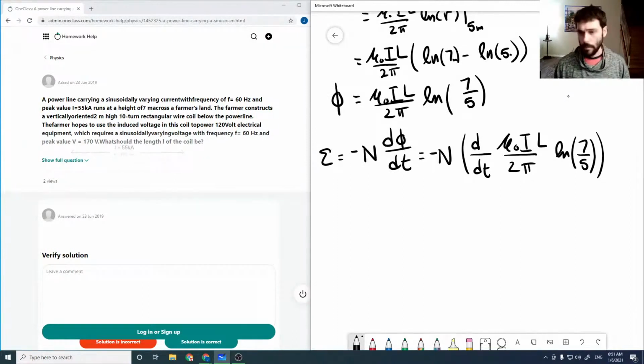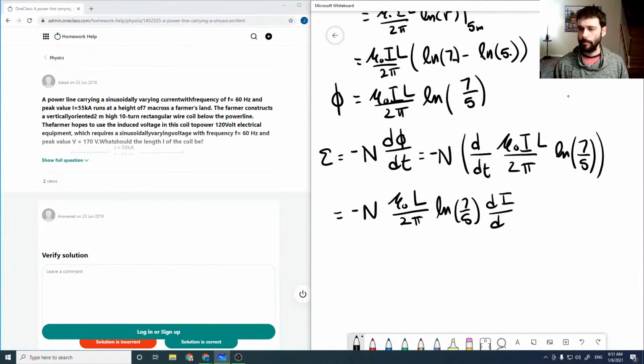And then minus n. So our mu naught isn't time dependent, our L is not time dependent, this is not, and this is not. So it's just di by dt.